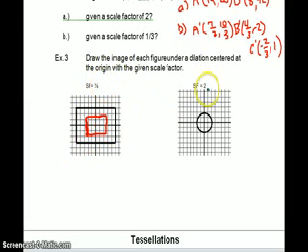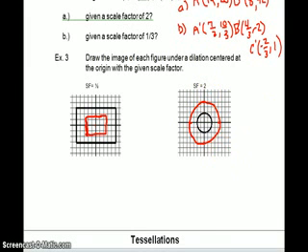Okay, this one is 2 over 1, so this one's getting bigger. Okay, so if we went out 2, now we're going to go out twice that, which would be 4. We're going up 2, so we're going to go on up 4, back 2, and back 4, down 2, and down. Okay, now we're just going to try and draw a circle here. Okay, and that is our dilation, which is an enlargement, scale factor of 2.